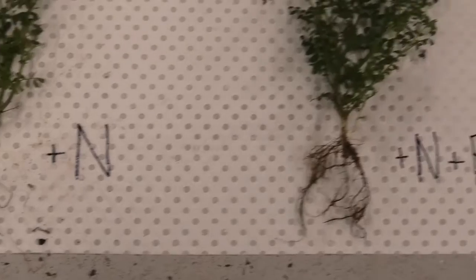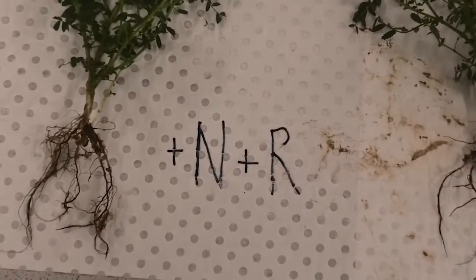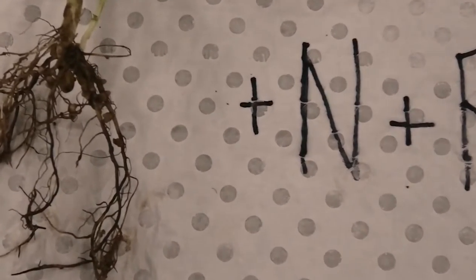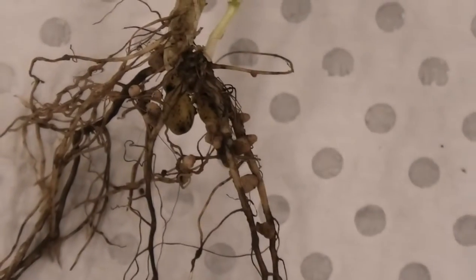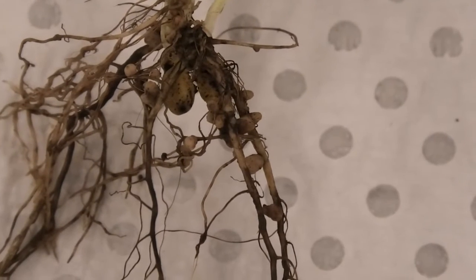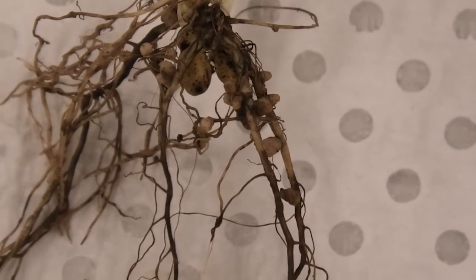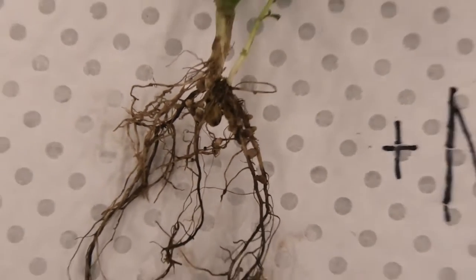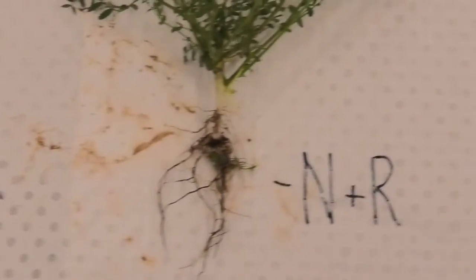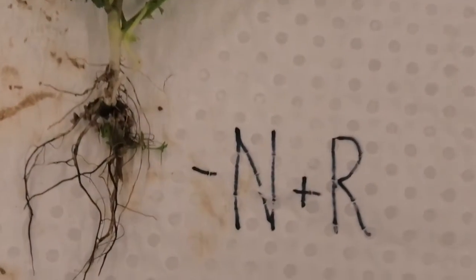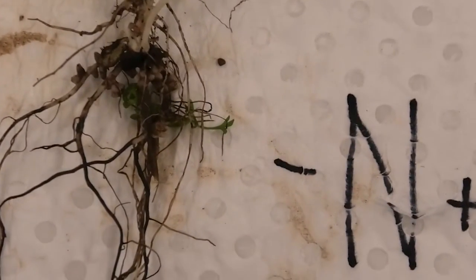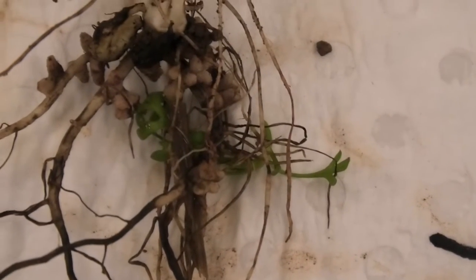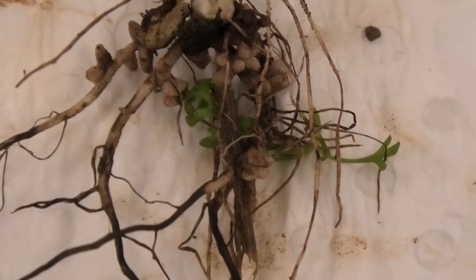If we move now across to the plus N plus R, again we've got a bit of a bigger root system potentially, but as we zoom in a little closer you can see rhizobia will form a symbiosis with the plant, and we've got some nodulation happening. Over to the minus N plus R, no nitrogen plus rhizobium, we've got what would appear to be more extensive nodulation going on.